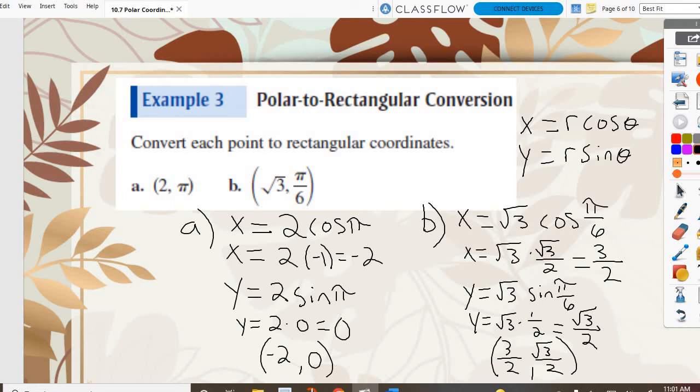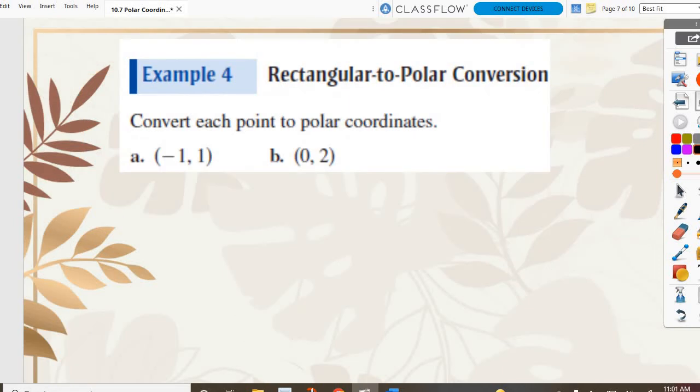Alright, on our next one, we're going the opposite way. So, what are 2 equations that we're using on this one? Tangent of theta equals y over x, and r squared equals x squared plus y squared.